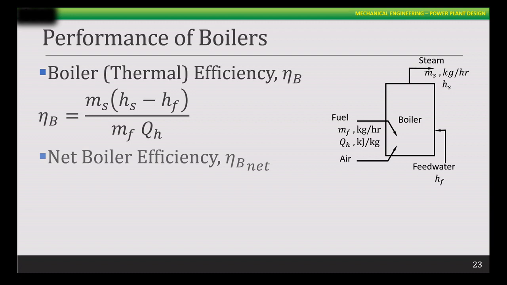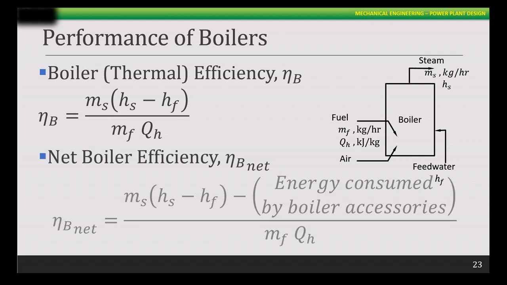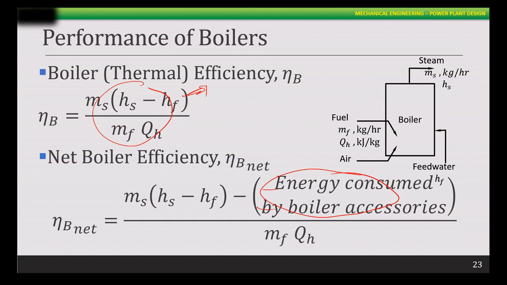Then the net boiler efficiency is the same efficiency, but we subtract from the numerator the energy consumed by the boiler accessories. So if the boiler accessories consume energy, we subtract that from the QA. That is the net boiler efficiency.